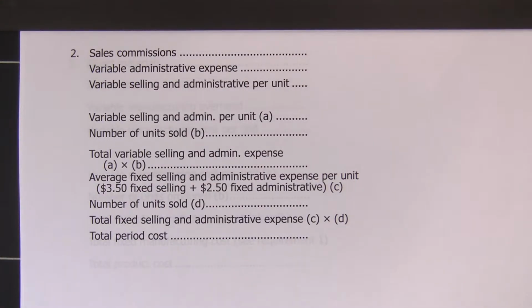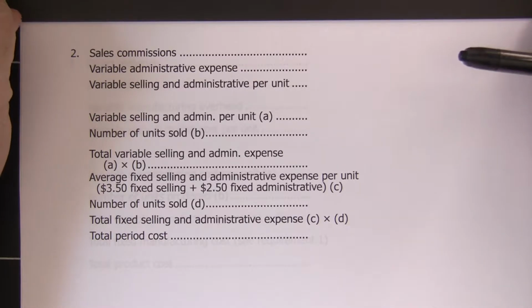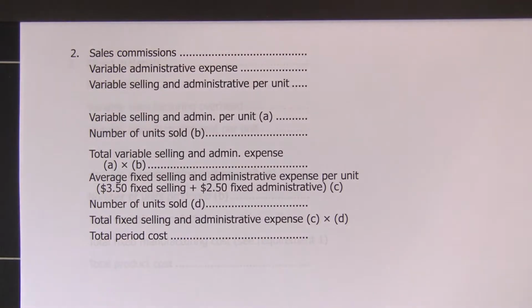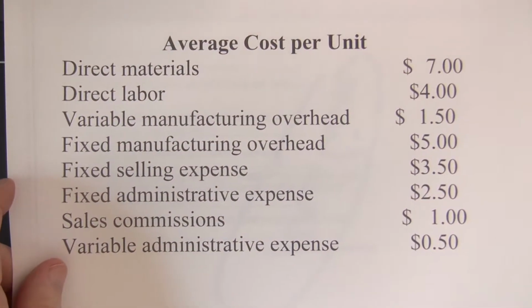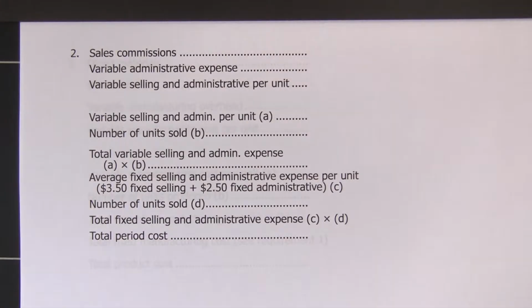Okay, now the next piece it asks us to do is what are the total period costs? Period costs are costs that don't add value. These are costs that go directly to the income statement. These are things like selling expense, advertising expense, all of those things. Well, again, going back to the same information, all of this information comes from the same table that we used in the last problem.